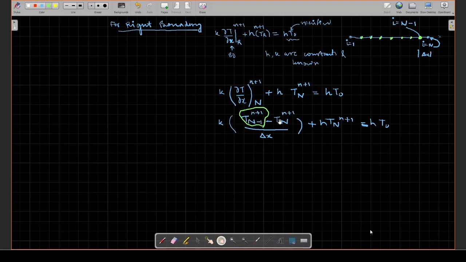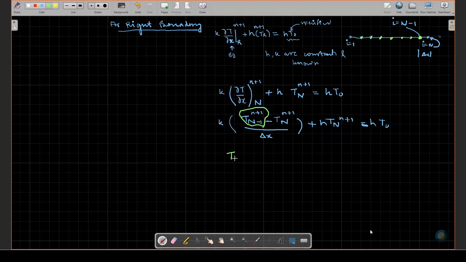So for this particular equation, this is a known value. So let us write in terms of T, where the only unknown is T n plus 1. So let us combine this and try to write.